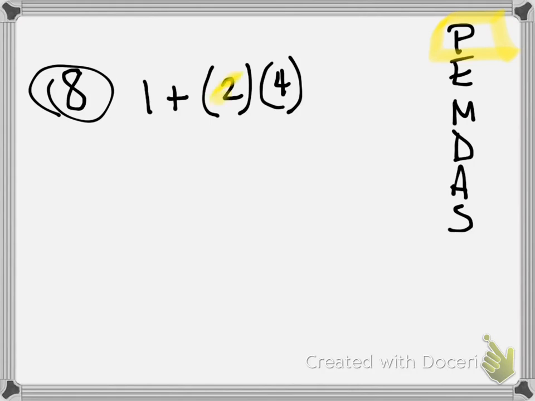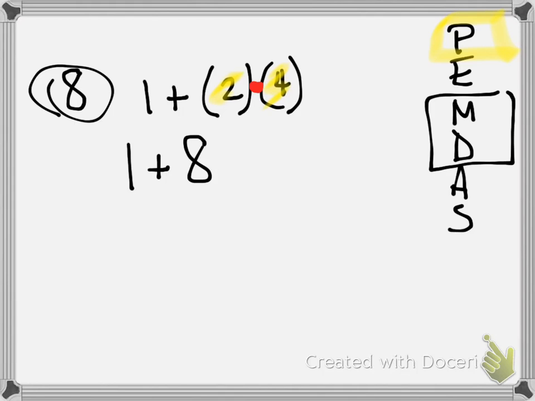Well, if you notice, in the 2 and the 4, those sets of parentheses, there's nothing going on in there. So there's nothing to actually do inside the parentheses. And if you notice, there's no symbol between the 2 parentheses. That's an understood multiplication. So really, you're going to go all the way down to your multiplication and division step first and have 1 plus, what is 2 times 4? 8, and then we'll do our addition and subtraction, 9.